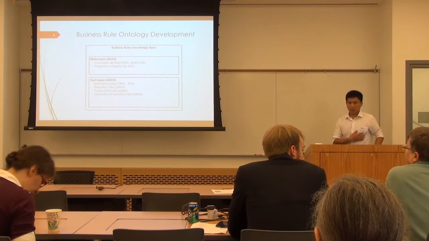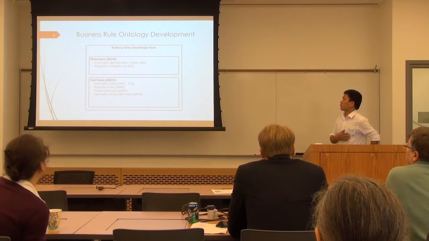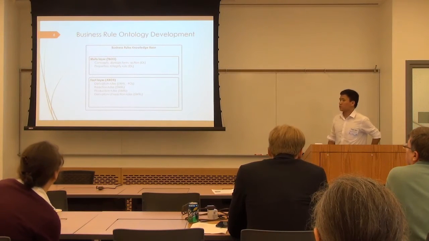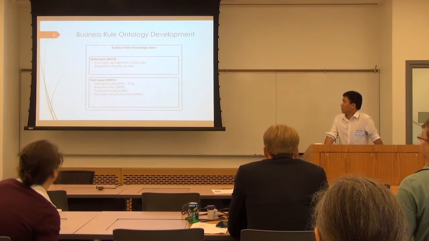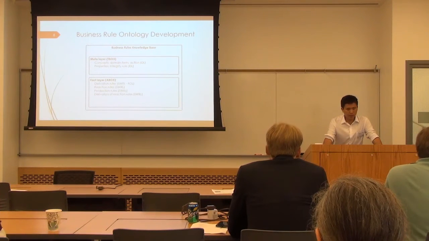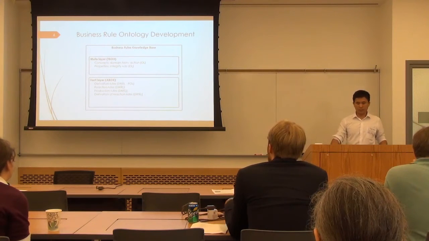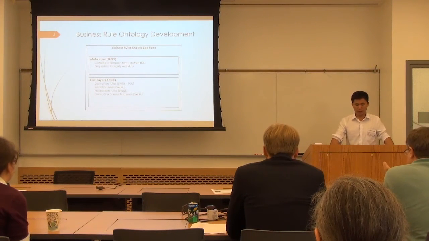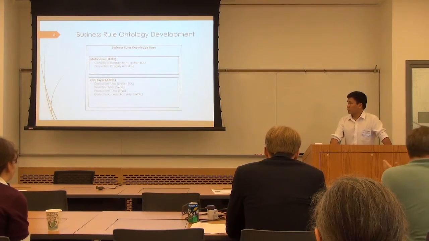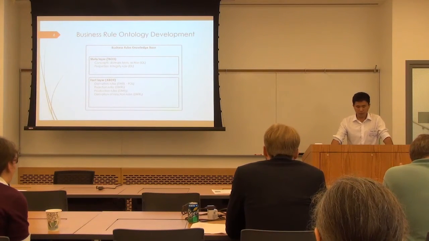Here is the structure of our business rule ontology, in the business rule knowledge base. We have two layers. The meta layer is the TBox in the ontology. We have many concepts in the domain and the actions, and we use properties to define the integrity rule.